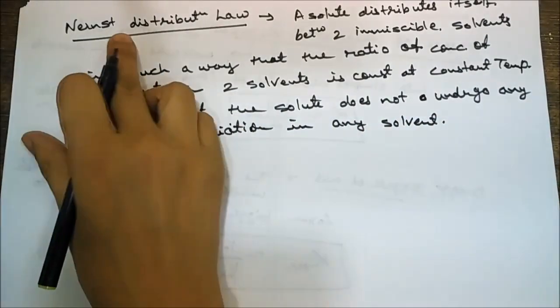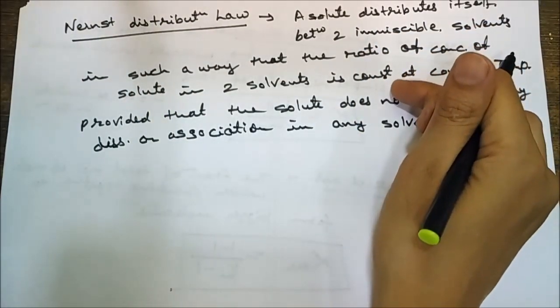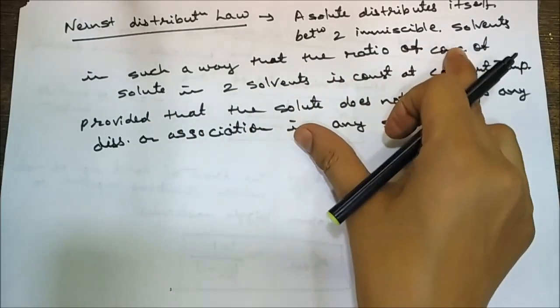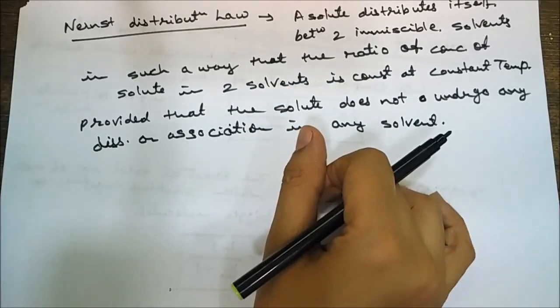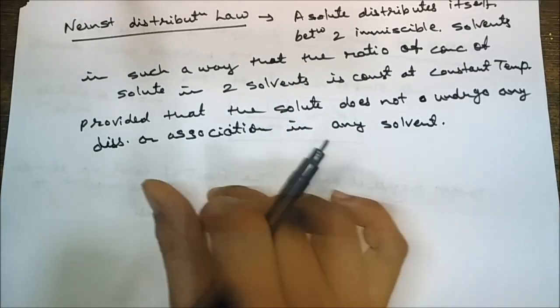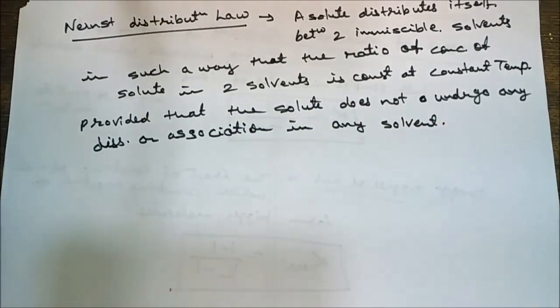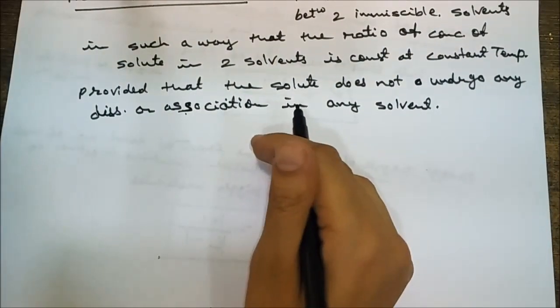So, according to Nernst distribution law, a solute distributes itself between two immiscible solvents in such a way that the ratio of concentration of solute in the two solvents is constant at constant temperature, and it proves that the solute does not undergo any dissociation or association in any of the solvents.